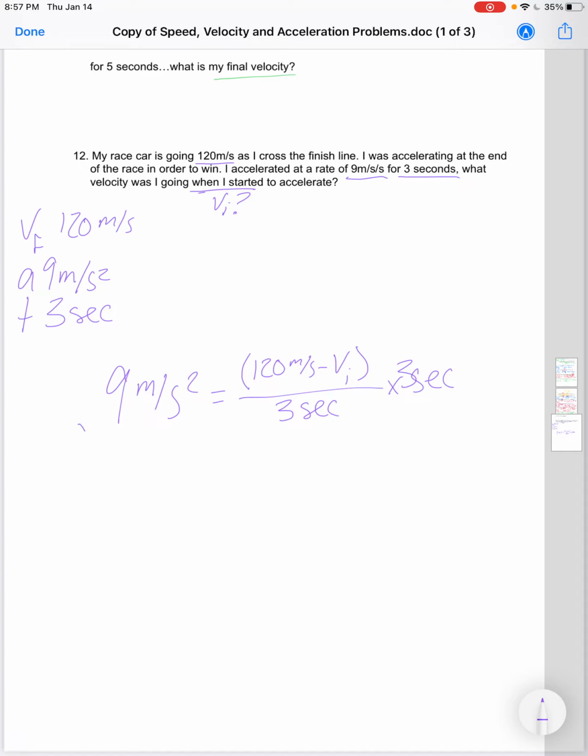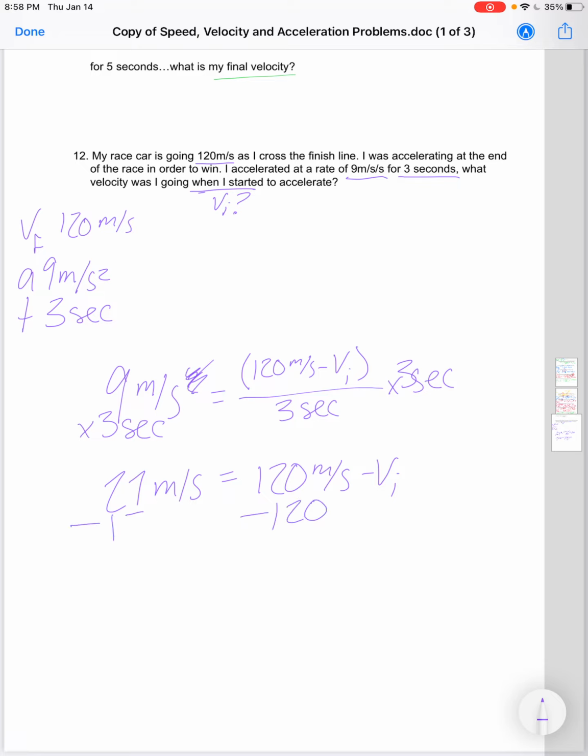Multiplying the seconds on both sides. So since we're multiplying that, it's going to get rid of this square. We're going to have 27 meters per second equals 120 meters per second minus velocity initial.